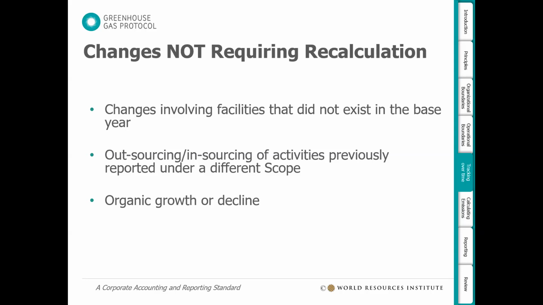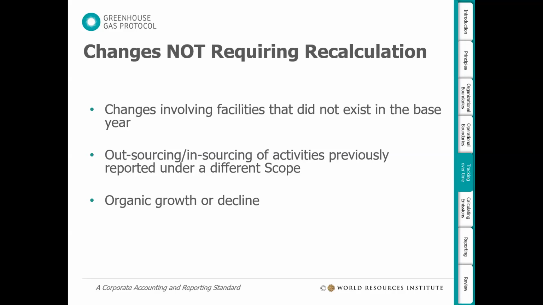Organic growth or decline refers to increases or decreases in production output, changes in product mix, and closures and openings of operating units that are owned or controlled by the reporting company.